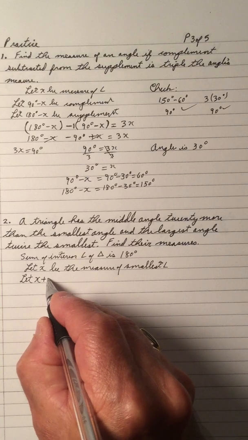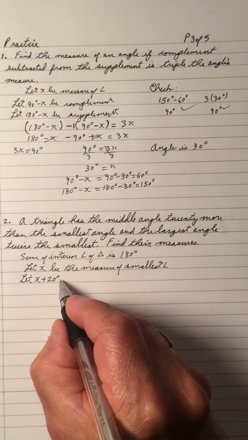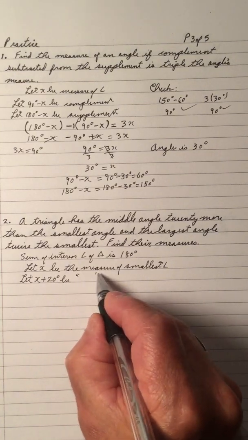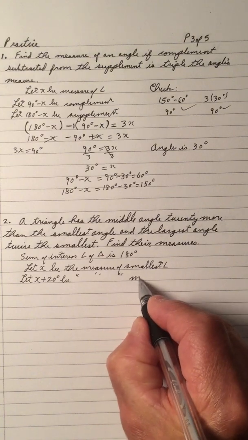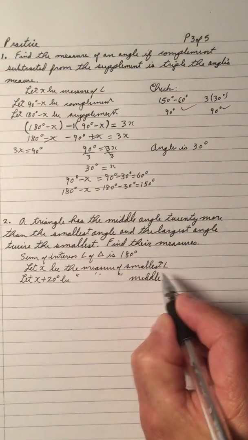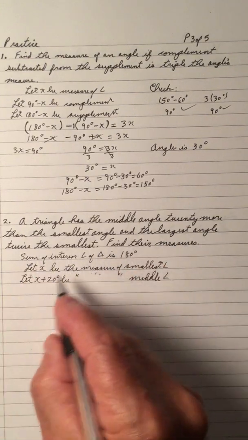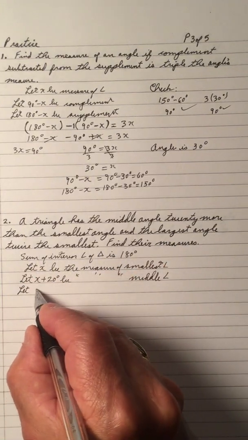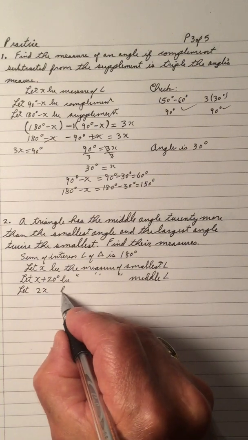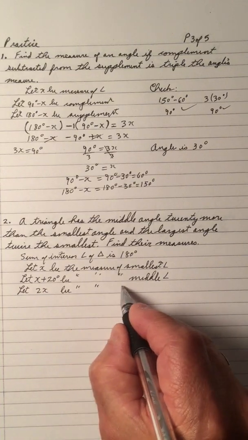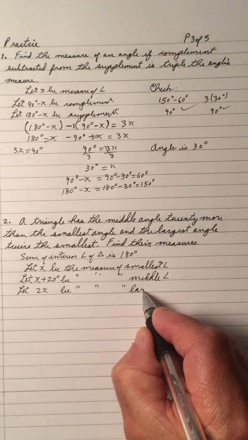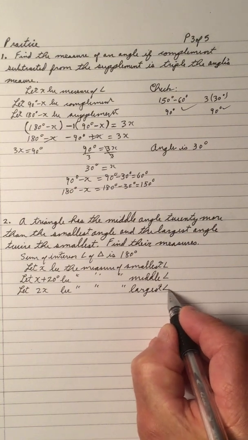So the middle angle, 20 more is add on 20, x plus 20, be the measure of the middle angle. And the largest angle is twice the smallest. So twice is double, 2x, be the measure of the largest angle of the triangle.